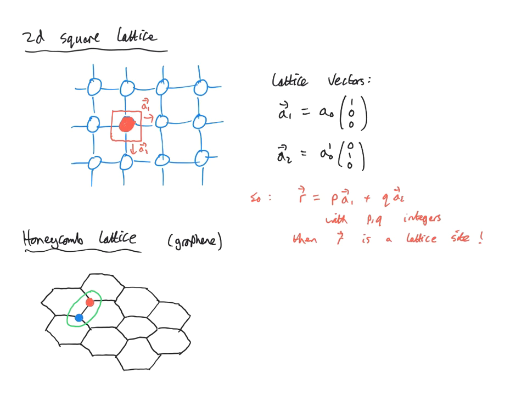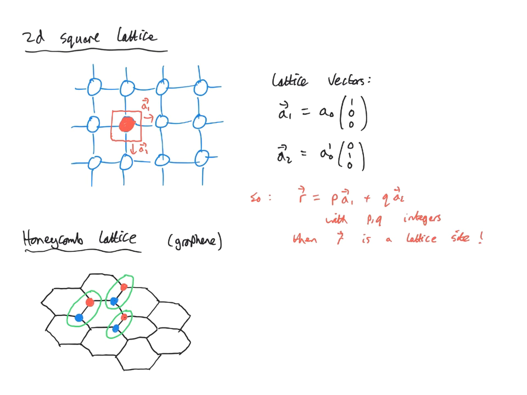The answer is that I would like to translate this green thing here that I've drawn to this position, and also to this position. Therefore, I would have red sites here, and blue sites here. And if I repeat this, I will be able to generate all sites on the lattice.